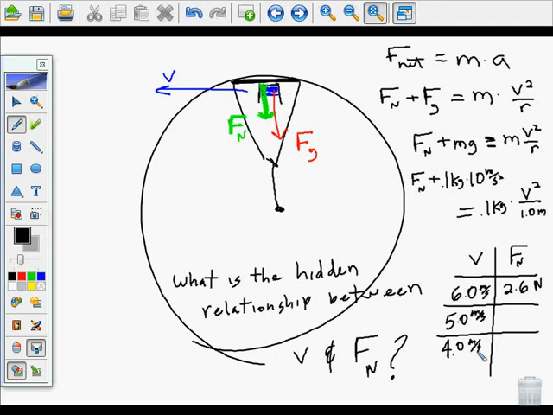You guys over here, calculate the 5 meters per second. You guys over here, figure out the 4 meters per second. Let's see what's going to happen to that normal force as we slow it down. I'm trying to be like a record slowing down.